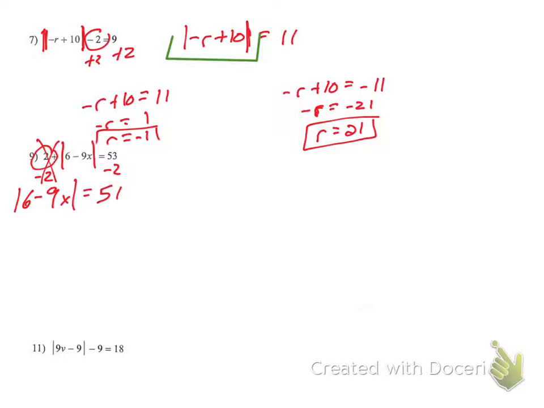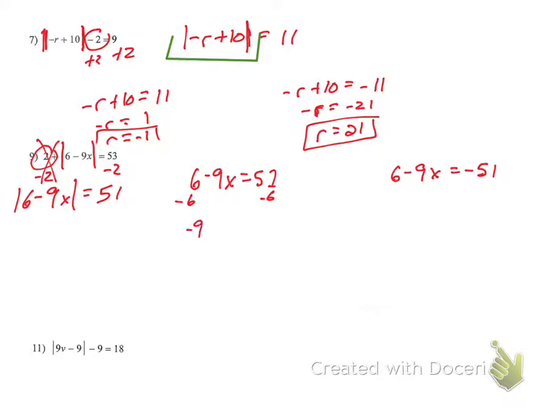So then I can set my two equations up, right? So I can have 6 minus 9x is equal to 51. And then I can have 6 minus 9x is equal to a negative 51. I'm going to add minus 6 to each side.